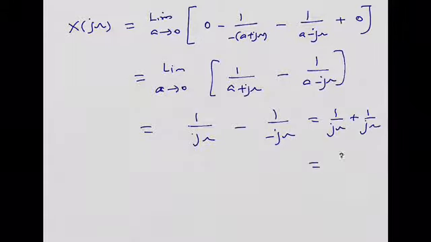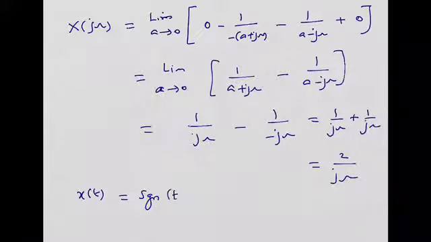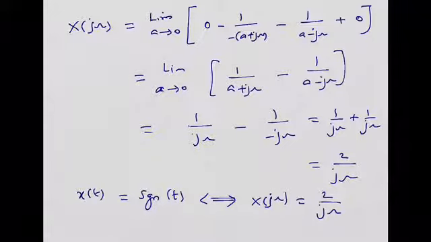This is equal to 2 divided by j omega. So for signum of t, the Fourier transform X of j omega will be simply 2 divided by j omega.